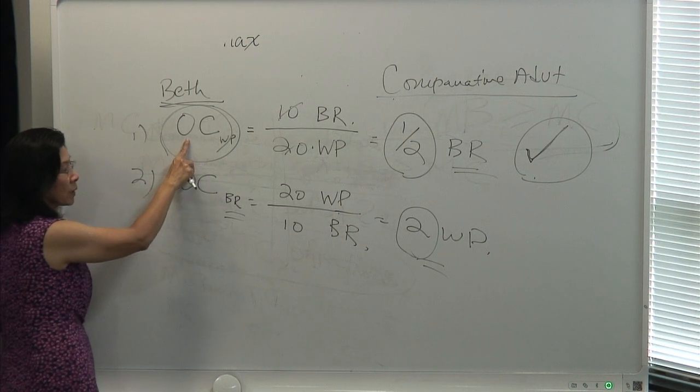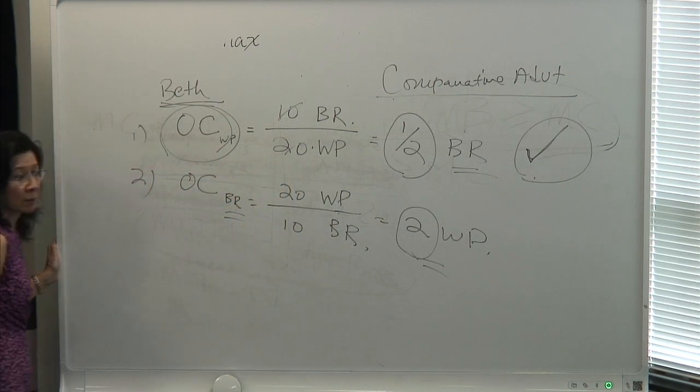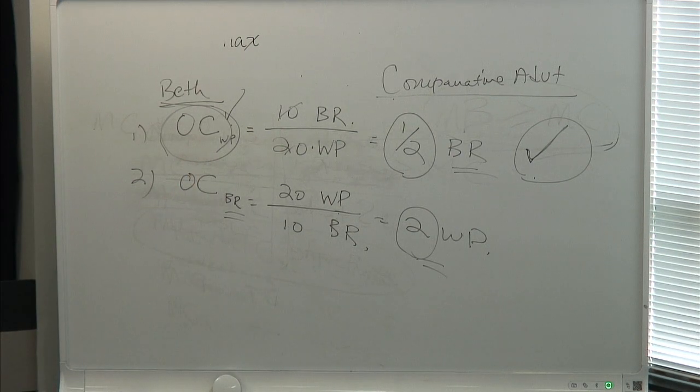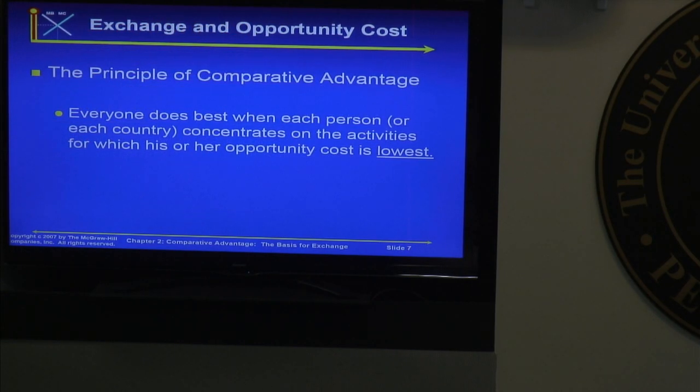So when we look at it, we're looking at this OC for WP in terms of bicycle. So this is the one that you have to be careful about. Okay, did everybody have a chance to copy this down? Because your textbook is not correct in that. Okay, let me finish this and then you can go.